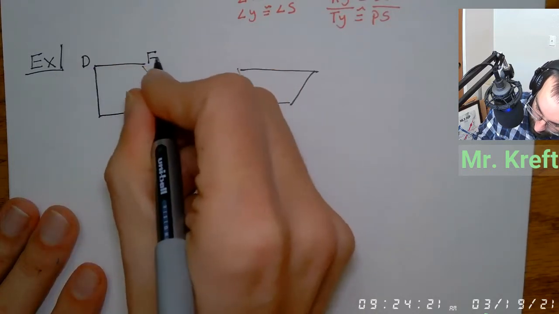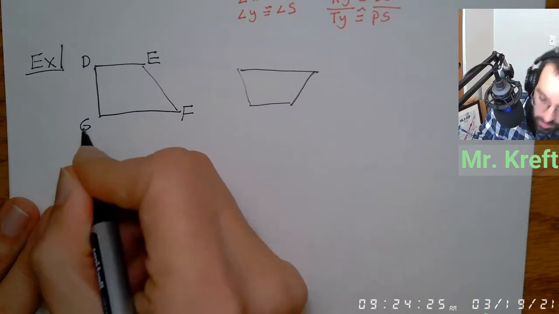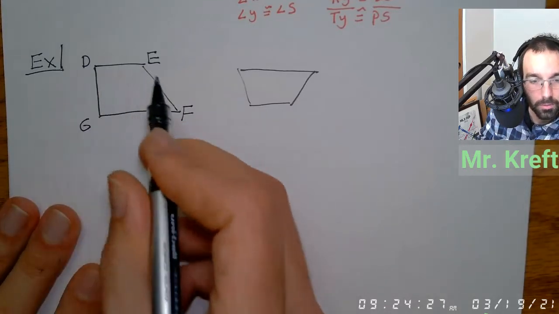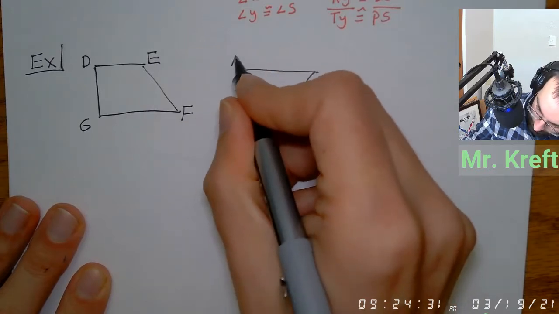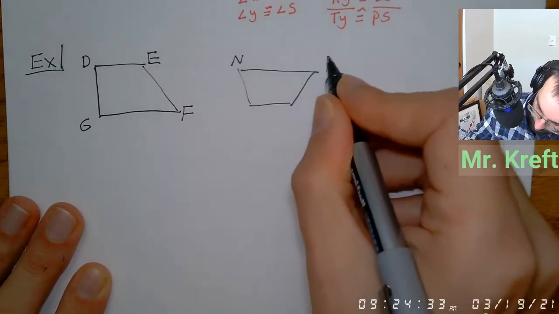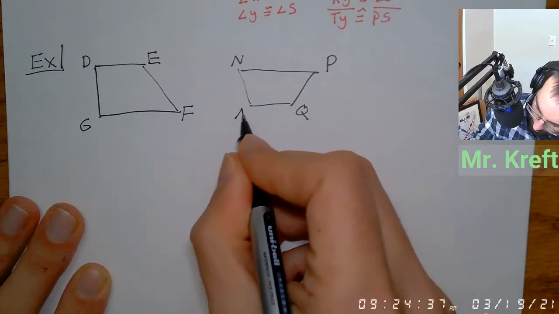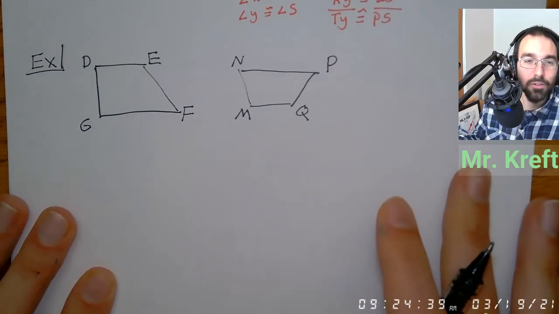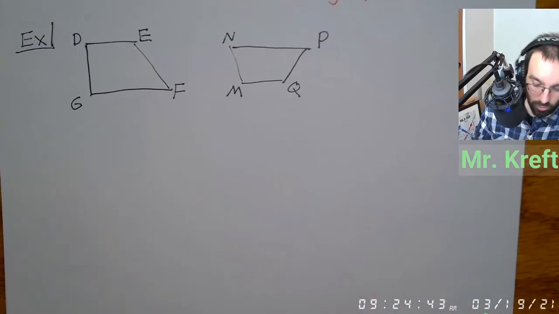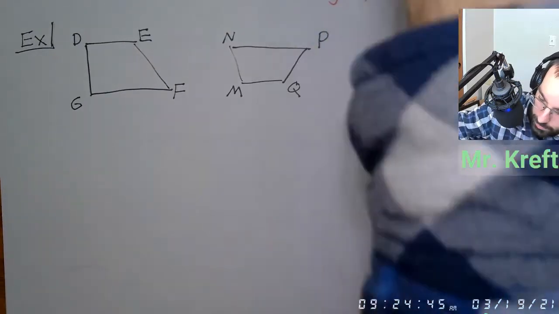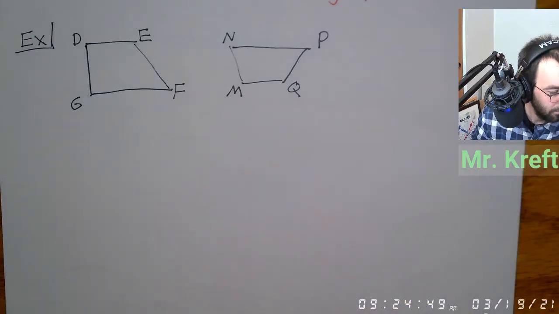So on the left, we have D, E, F, G. When you label, you always go clockwise. And then we have N, P, Q, M. Yes, I could have spelled something there and I didn't, so get over it. Okay, so if you guys could get those down, that'd be great.